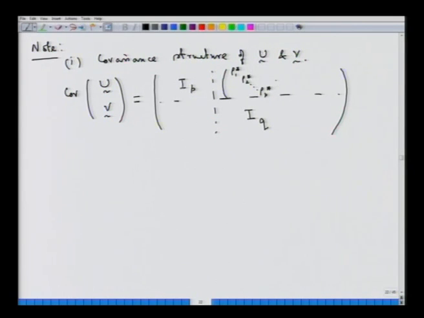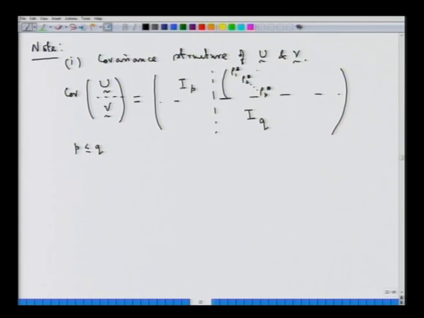Remember, what we had taken was p less than or equal to q, where p is the order of x, or the order of u naturally, and q is the order of y, which corresponds to the order of this v. So, we will have p of them, which are the p canonical correlation coefficients.